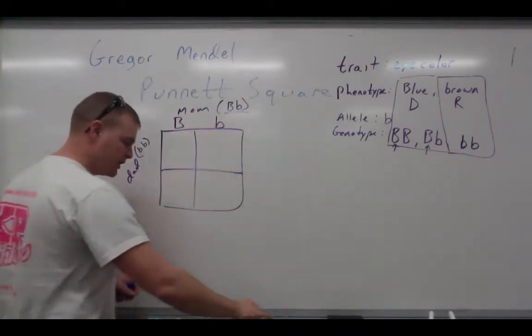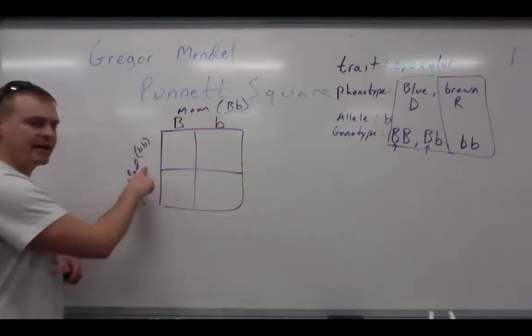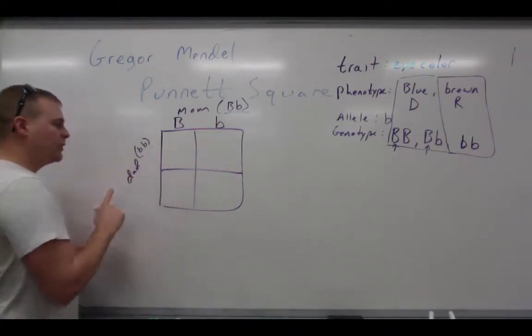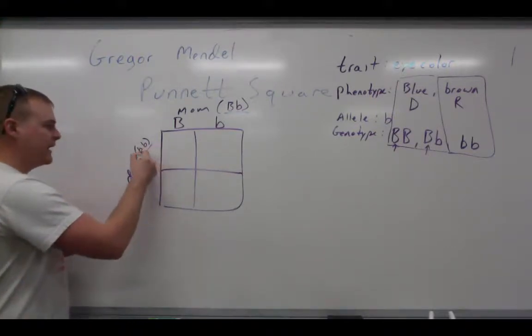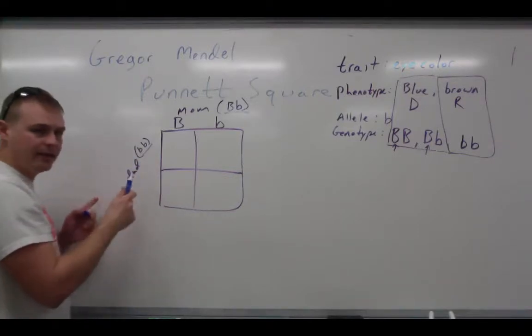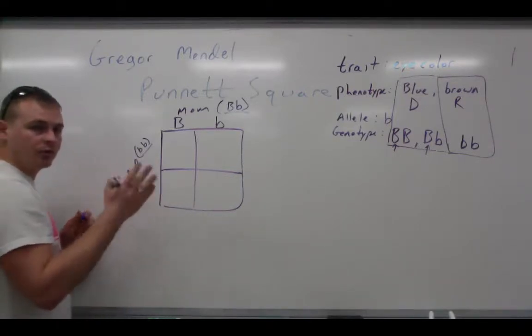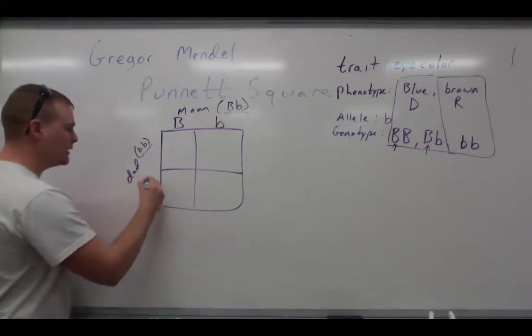Now I'm going to change colors here for dad, to make it easier to track for you. Dad's got the same thing going on. Because of sexual reproduction, we have to make a gamete. A gamete is half of the DNA. Dad has little b little b, that's all of the DNA. Half is going to go into one gamete, and half is going to go into another gamete. So my options are little b and little b.